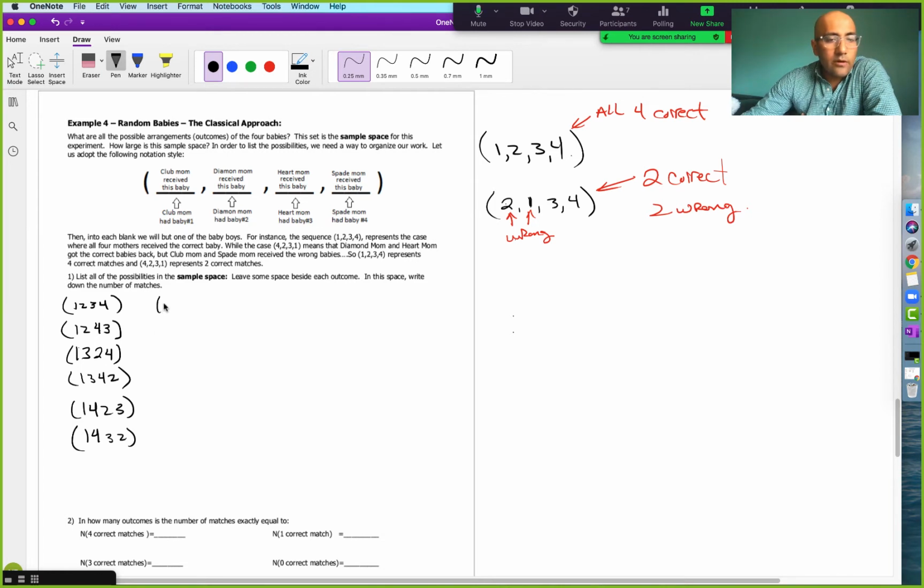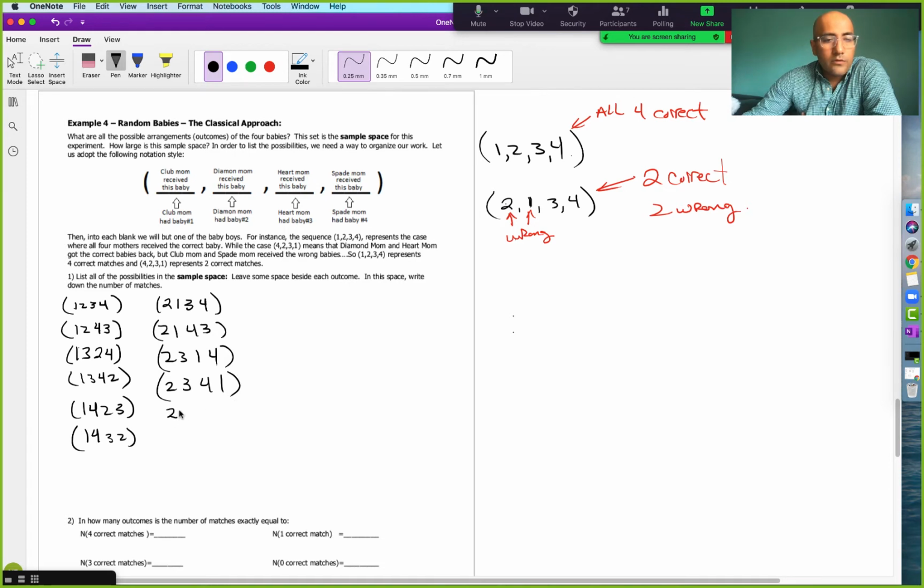So let's explore every possible way in which baby number 2 goes to house number 1. So it could be 2, 1, 3, 4, or 2, 1, 4, 3, like that. Or 2, 3, 1, 4, or 2, 3, 4, 1.